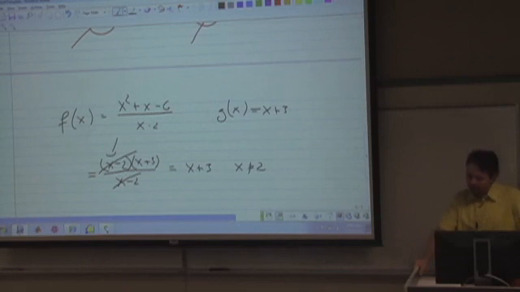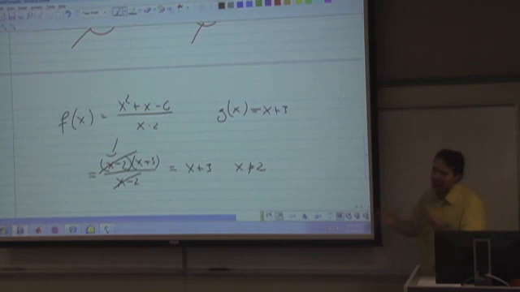But anyway, if you're wondering how the distribution of points was, it was 5 points for part A and 3 points for part B, and every single person that said yes on the first part, I gave you 2 out of 5, even though I should have probably given you 0 out of 5, because at least you attempted to write, and some of you gave me a whole long story about how things cancel, and when they cancel you end up with x plus 3, which is the same as g of x.